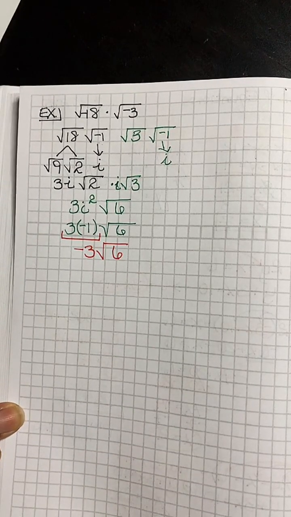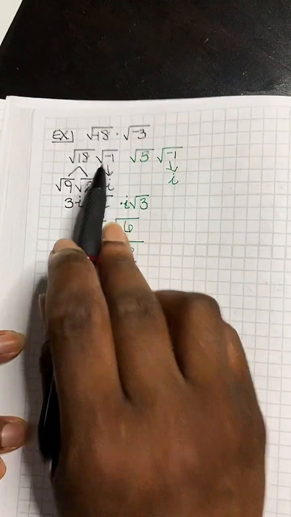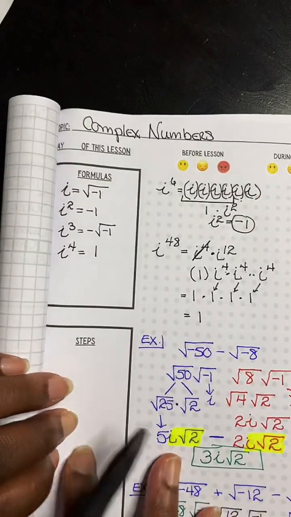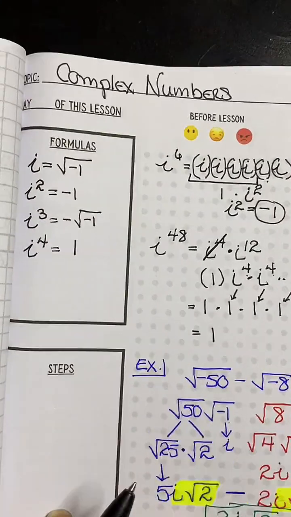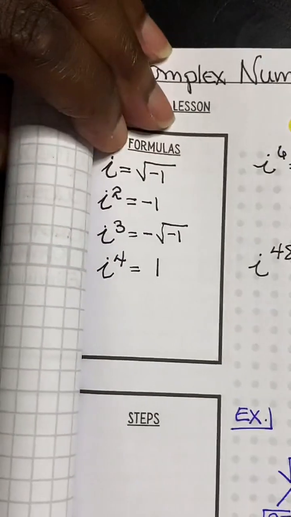What is i equal? The square root of negative 1. So let me slide this over for you. There we go.